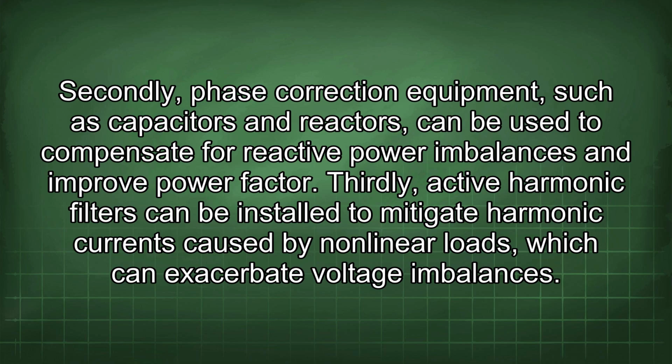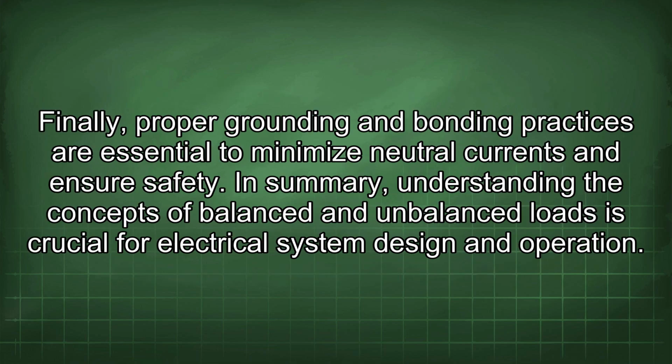Secondly, phase correction equipment, such as capacitors and reactors, can be used to compensate for reactive power imbalances and improve power factor. Thirdly, active harmonic filters can be installed to mitigate harmonic currents caused by nonlinear loads, which can exacerbate voltage imbalances. Finally, proper grounding and bonding practices are essential to minimize neutral current and ensure safety.